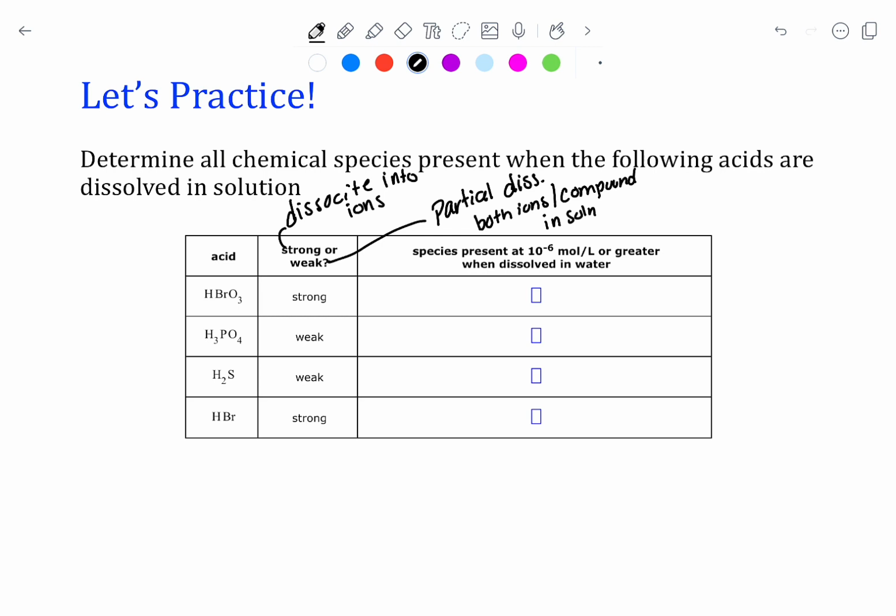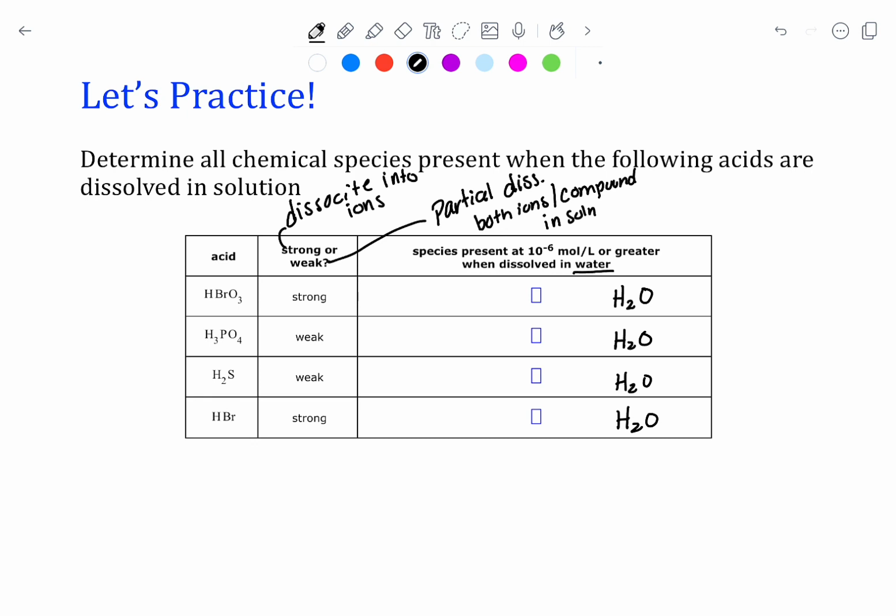So let's start with our first example. HBrO3 is defined as a strong acid. So these are in water, so we already know that one of the main species in the solution is always going to be water. There's always going to be H2O. If we were to take our microscopes that can look at individual atoms, which obviously there isn't, so it's a magical microscope, we would see individual molecules of water.